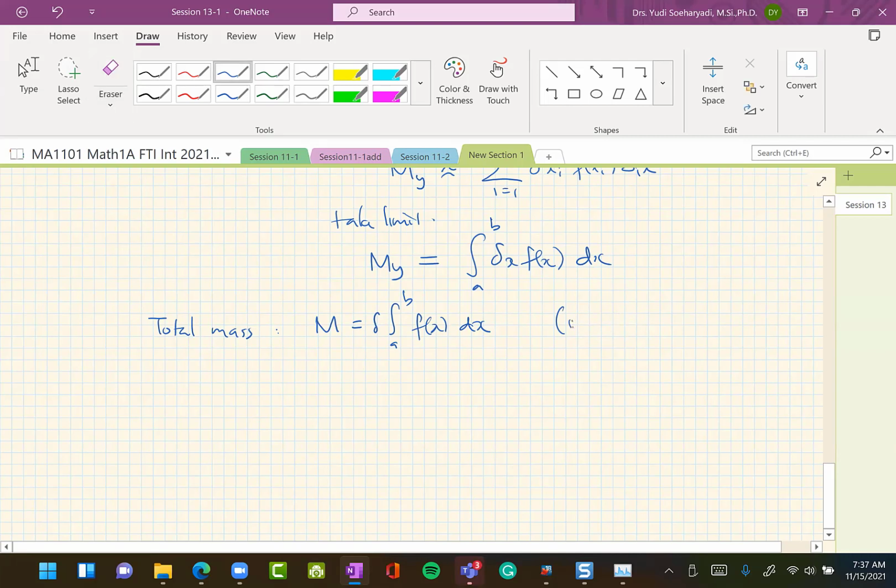Mass is area times density. So this is total mass.